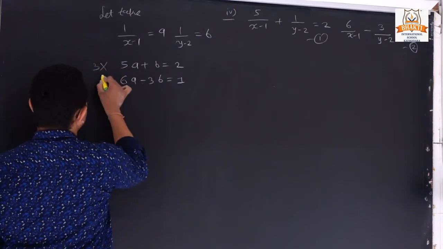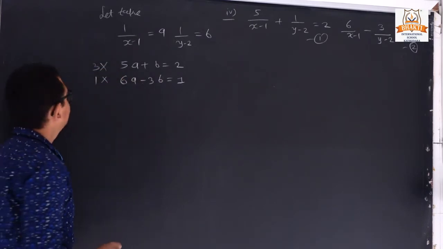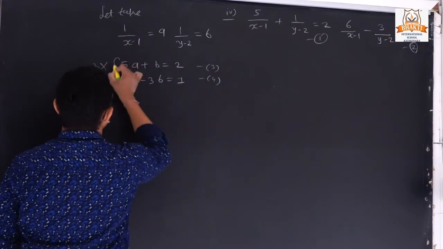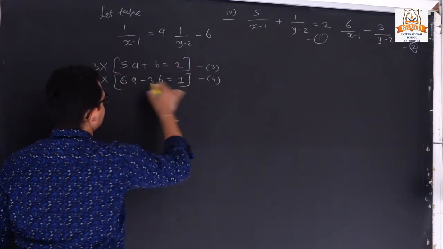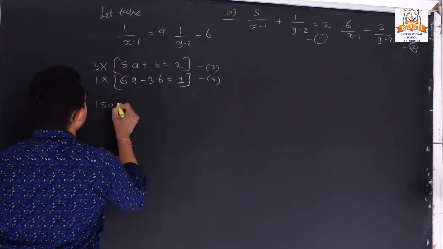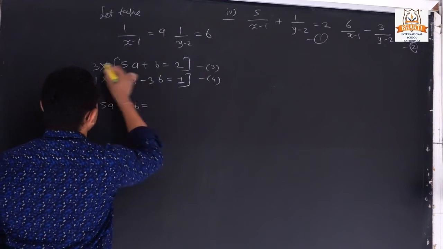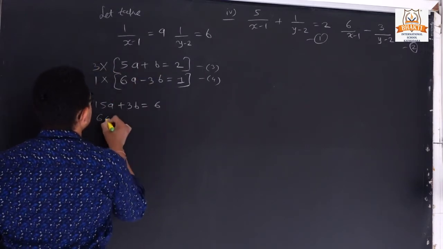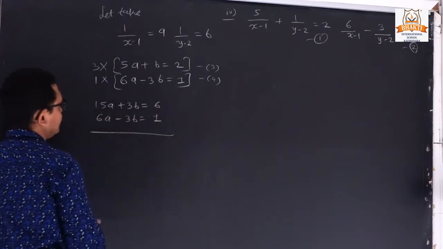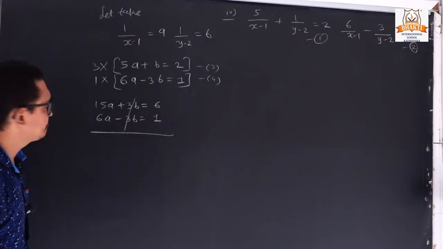This is multiplied with 3 and this is multiplied with 1, and we can also declare 3 and 4. It is equation 3 and this is our equation number 4. So 5 3s are 15a plus 3b and 3 2s are 6. 6a minus 3b is equal to 1. Now simplify this. So these both are cut.